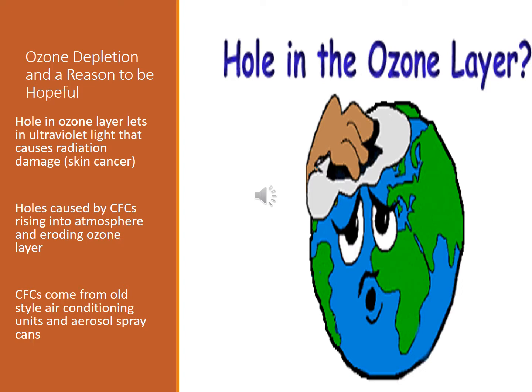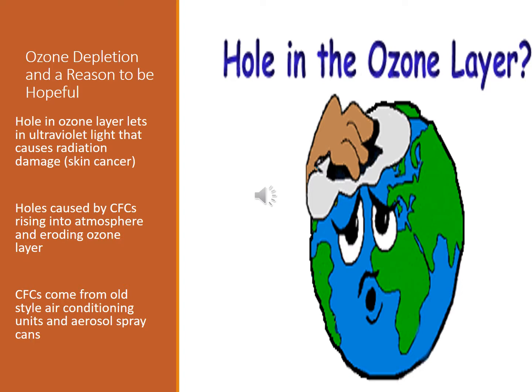The problem was, in this case, the ozone layer was being depleted by the production and emission of chlorofluorocarbons, hereafter referred to as CFCs, that were rising into the atmosphere as the result of the production of certain household products like air conditioners and, it turns out, hairspray, as the aerosol had CFCs in it.